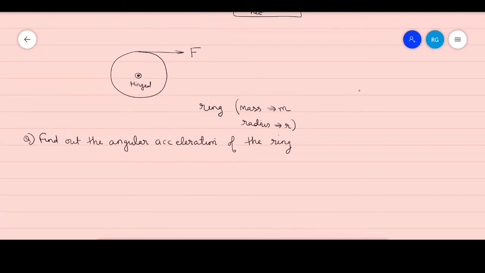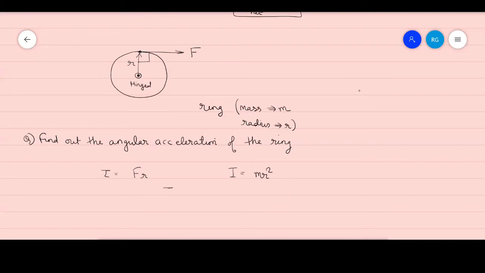So what we can do is we can see that force is acting at this point. The perpendicular distance of the force, like this, is r, and the angle between F and r is theta. The torque will be F into r into sine 90. Torque will be Fr. The moment of inertia of the ring about this hinge or the center of mass is mr square.